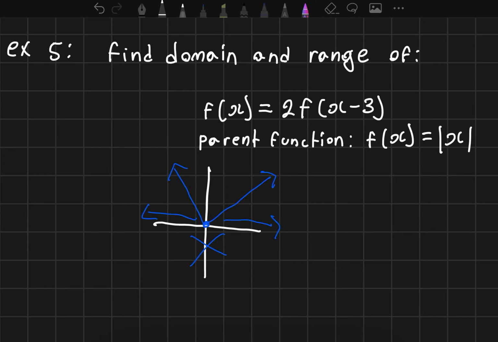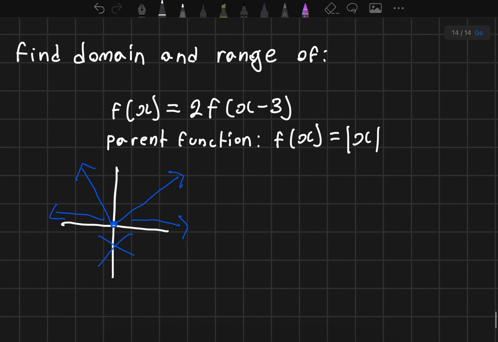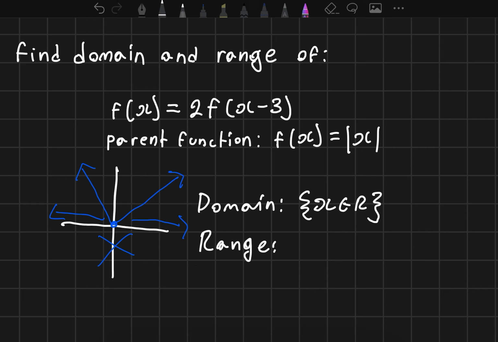So through that, we can determine that the domain of the parent function is x ∈ R, x is an element of all real numbers, and we can just end it there since x can be anything here. And the range will be y is an element of R, y must be bigger than or equal to 0.